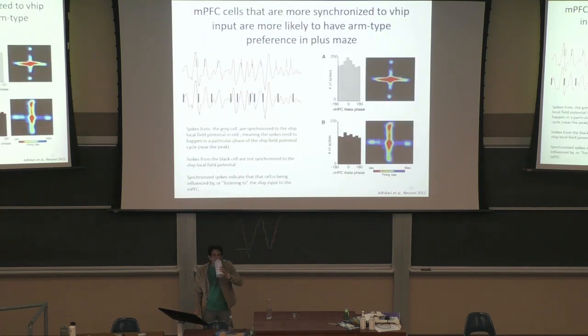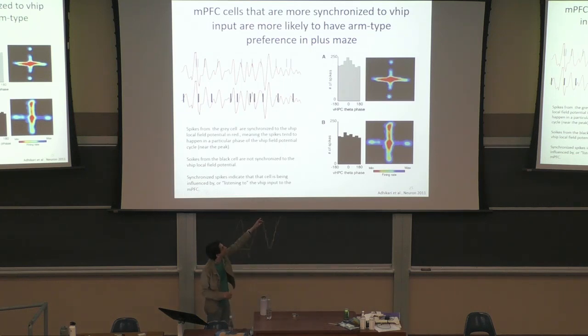And then we saw that there were some cells that were good at differentiating open versus closed spaces in the maze, such as this cell here at the top, which fired more in the closed arms, and this one fired more in one of the open arms but not the other, suggesting it's not really differentiating open from closed arms.